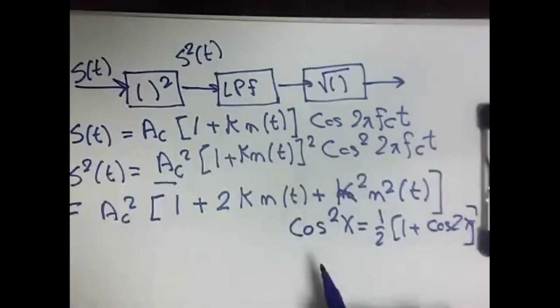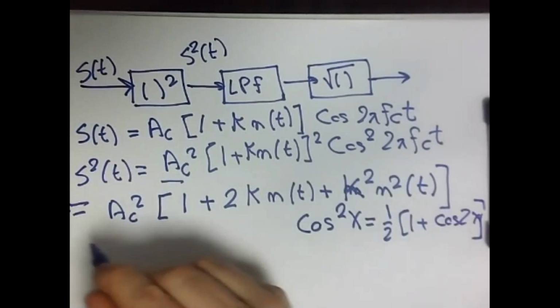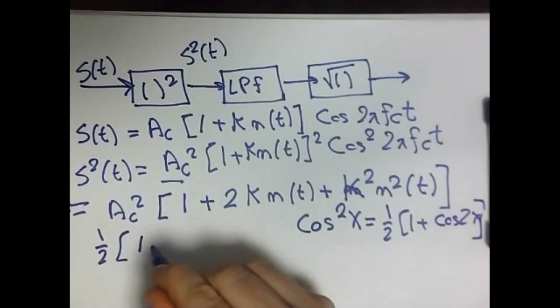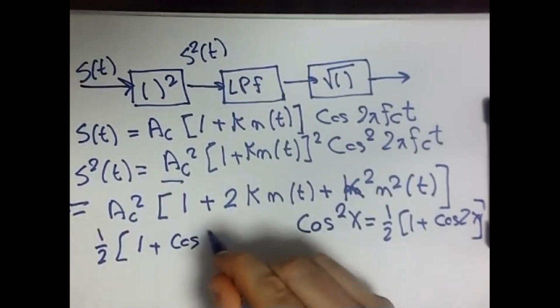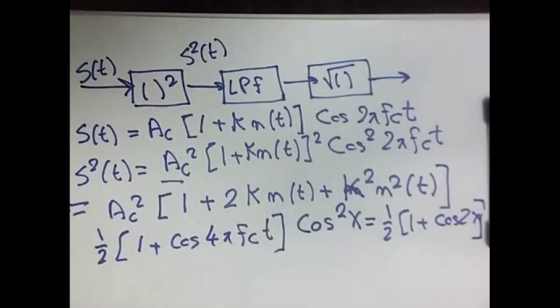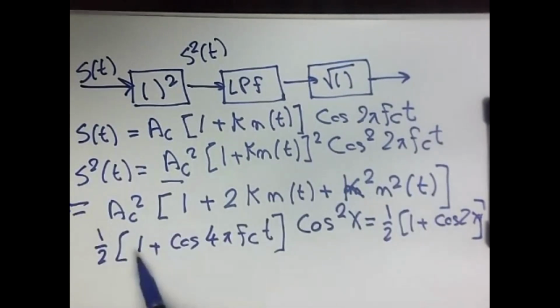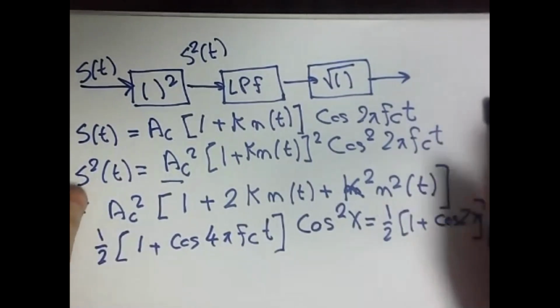So in a very simple manner, you can continue writing this equation in the form half of 1 plus cosine 4 pi fct. So now all this bracket is multiplied by 1 or multiplied by this. So let me continue.